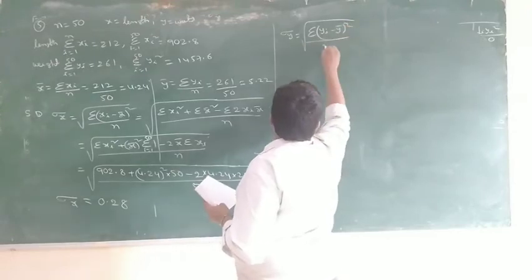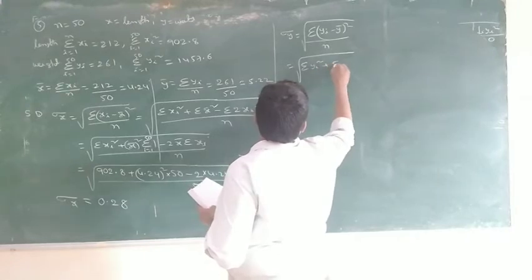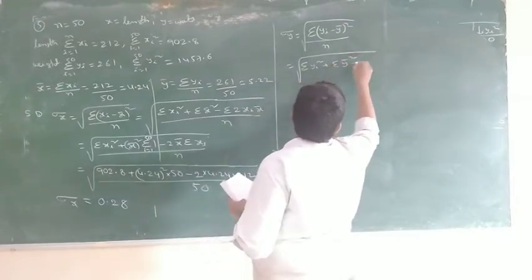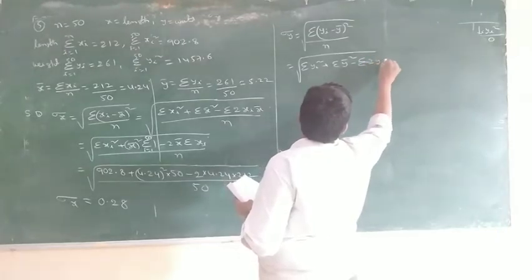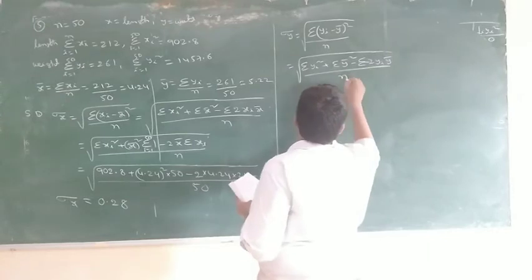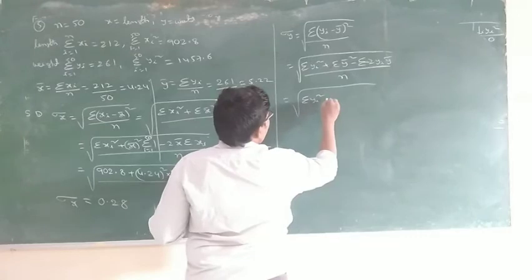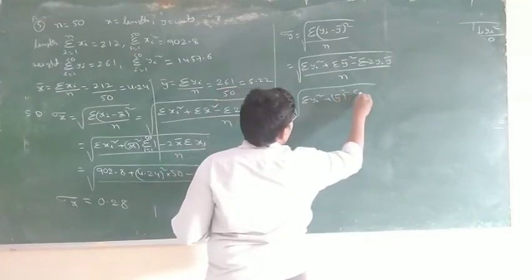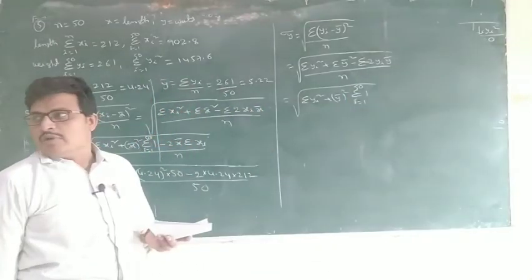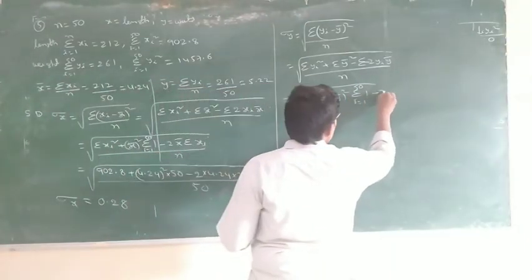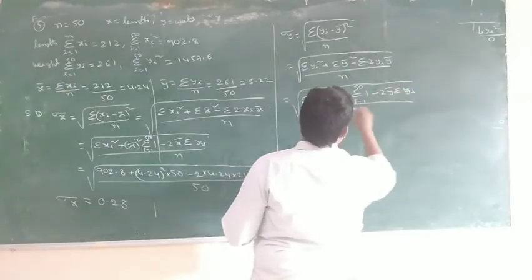Again, the same way, σy formula is root of Σ(yi minus y bar) whole square by small n, which is equal to root of Σyi square plus y bar whole square, minus 2 yi y bar by small n. So that is equal to root of Σyi square plus y bar whole square into Σ1 with i equal to 1 to 50, which is 50, minus 2 y bar constant into Σyi by small n.